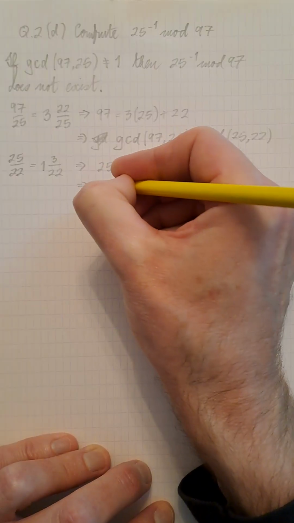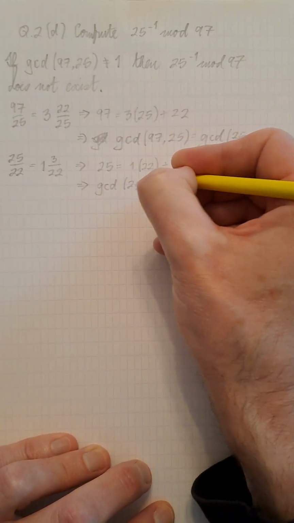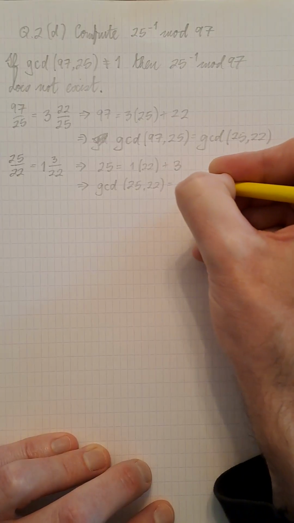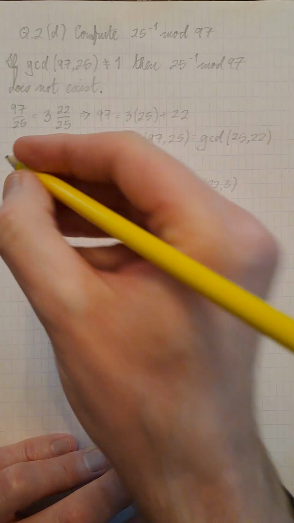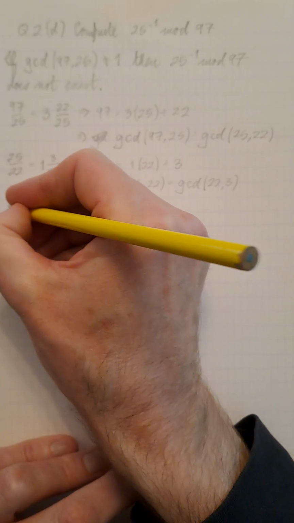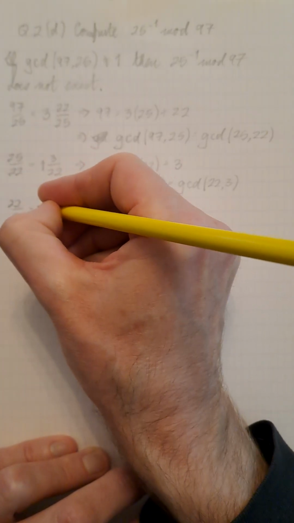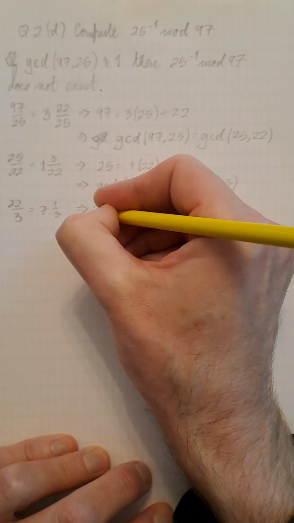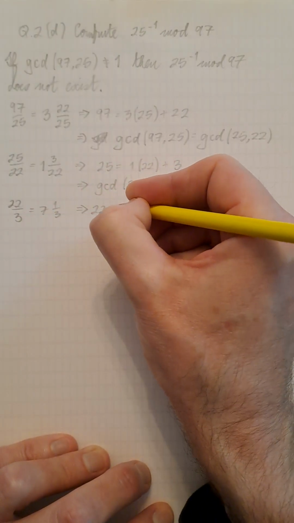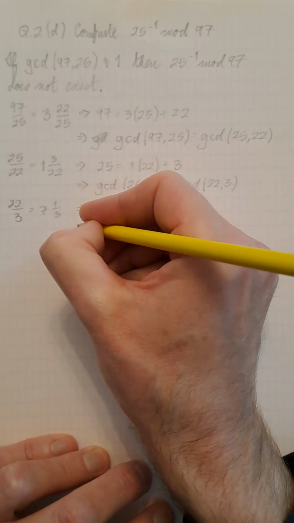which implies that the greatest common divisor of 25 and 22 is equal to the greatest common divisor of 22 and 3. 22 divided by 3 is equal to 7 and 1/3. Implies that 22 is equal to 7 times 3 plus 1.